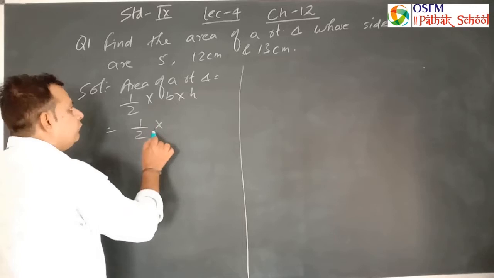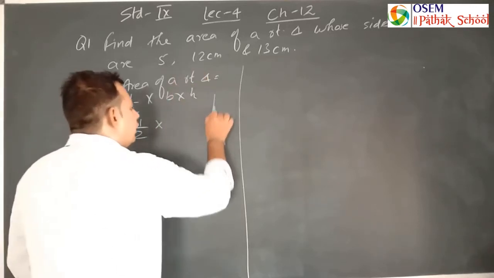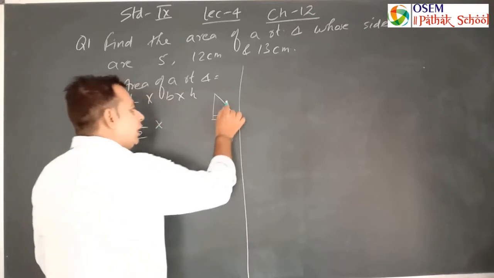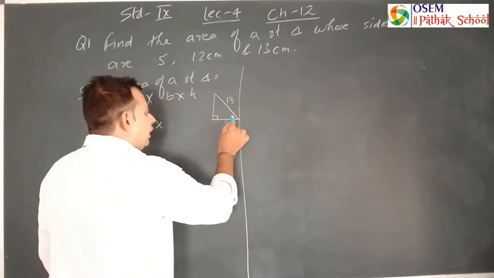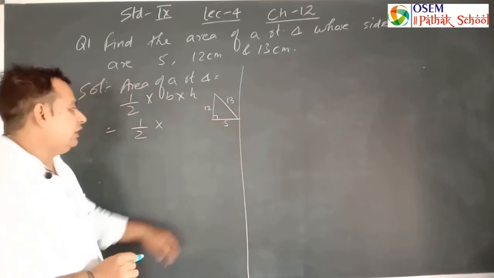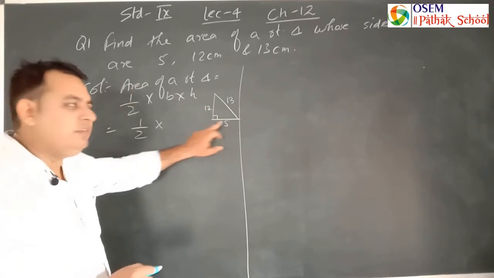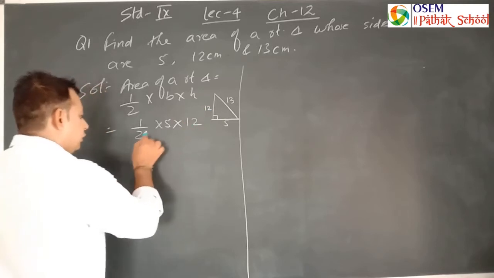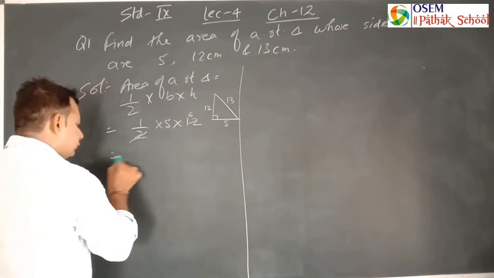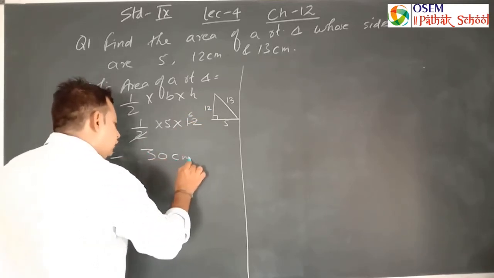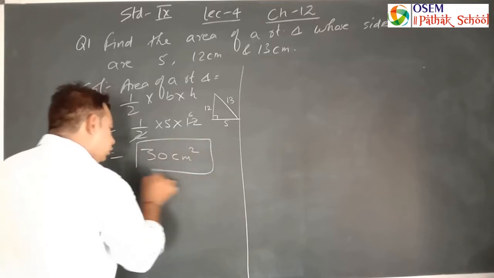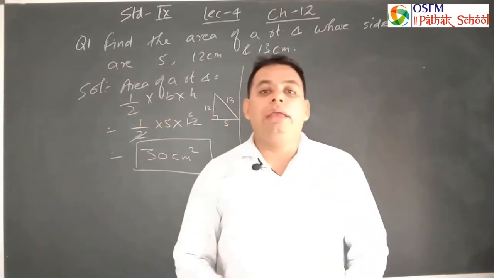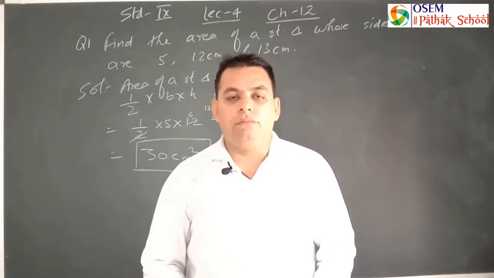When we draw a right triangle, we already know the bigger side will be the hypotenuse, so 5 and 12: you can see over here that 5 is the base and 12 is the height. So you got the answer 30 centimeter square by the right triangle area formula.